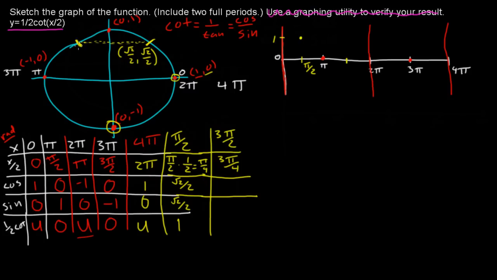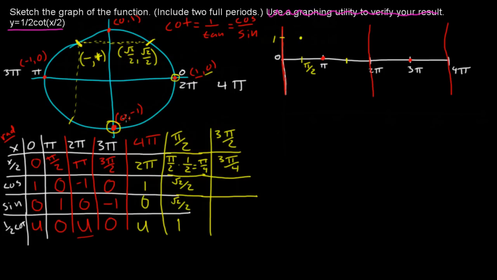Remember, this makes a box shape around here. As we count pi over 4, 2 pi over 4, 3 pi over 4, 4 pi over 4, 5 pi over 4, you can draw these lines and make this box and they connect, and you're going to have exactly the same values. So this is root 2 over 2 also, except in this quadrant, the x value is negative and the y value is positive.